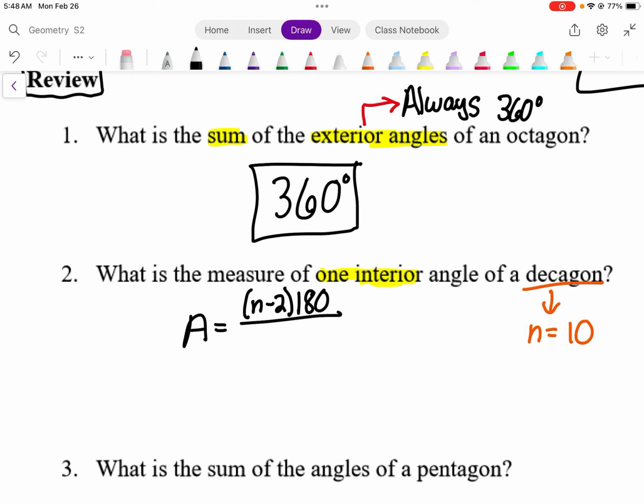And then we divide that by the number of sides. So in this one, our n value is 10, so we would have 10 minus 2 times 180, all divided by 10. And this is what we would use to plug into our calculator to figure out what that angle would be.